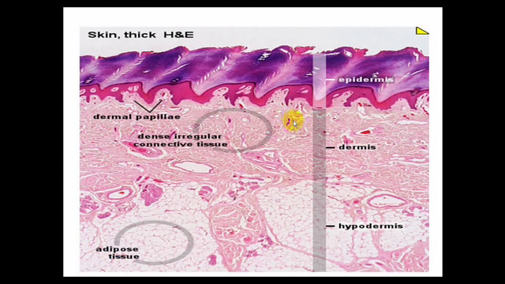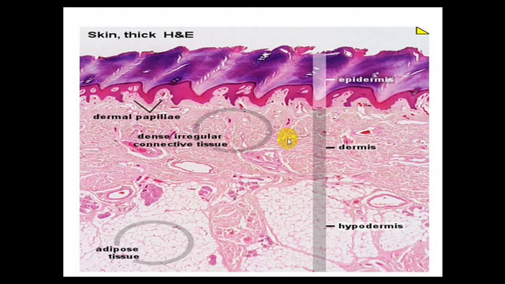Okay, the papillary layer of the dermis is the superficial layer, and it interdigitates with the epidermis, as we see by these papillae. The projections from the dermis into the epidermis are called dermal papillae, while those from the epidermis into the dermis are called epidermal papillae.